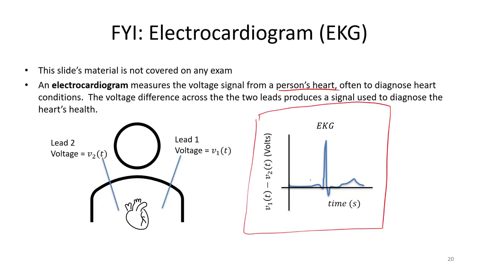And there's a very distinctive spike that we see when the heart muscle contracts to pump blood. So it's very important when taking an electrocardiogram that we're able to successfully subtract these two voltage signals in order to produce that curve.